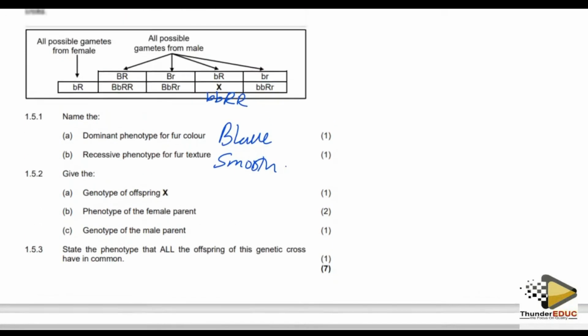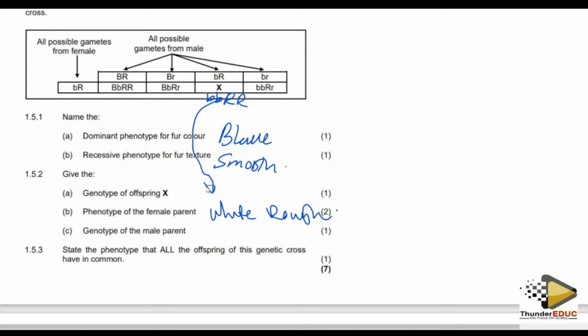So it's going to be white and rough. But I have skipped this. The genotype of X, yes, we have talked about it. So that is the answer for that.